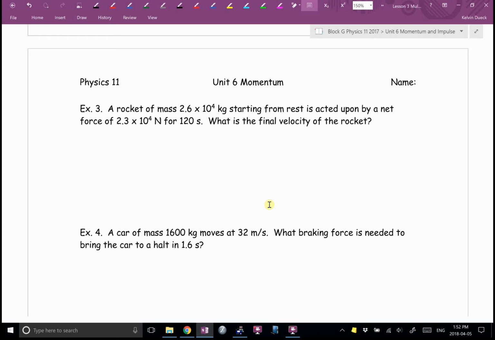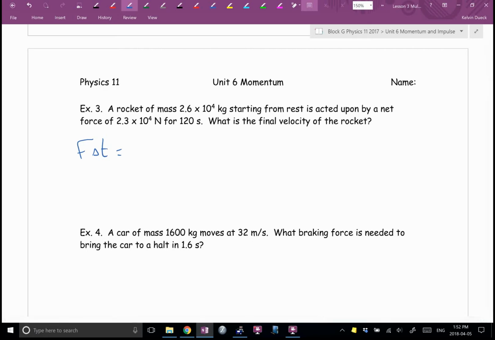Take a look at the impulse equation. See it? Does it have force and time in it? Let's write that down. Let's write force times time equals. Can you also give me the version of the impulse equation that has mass and velocity?